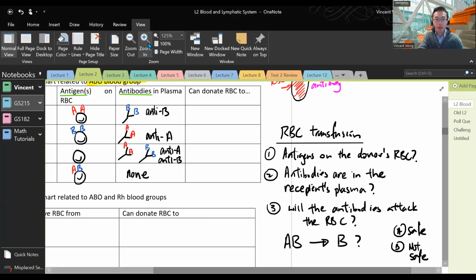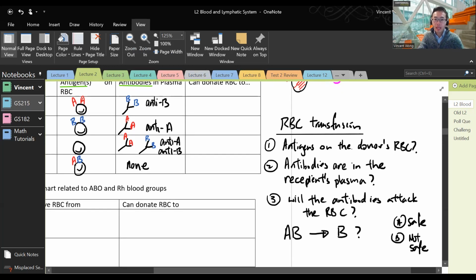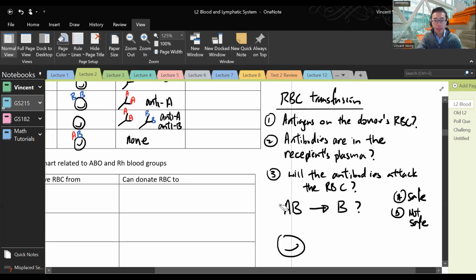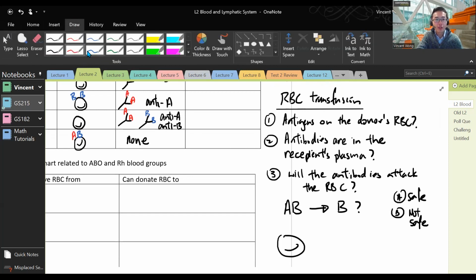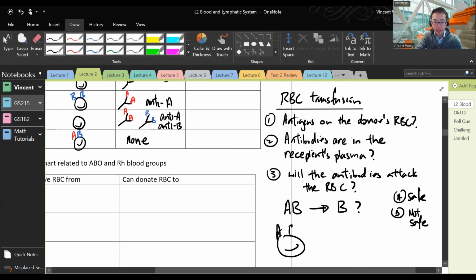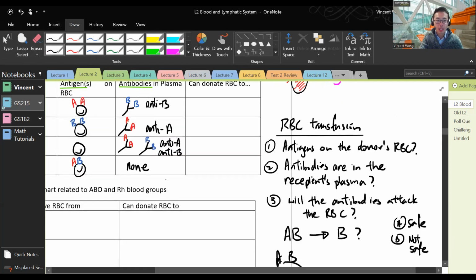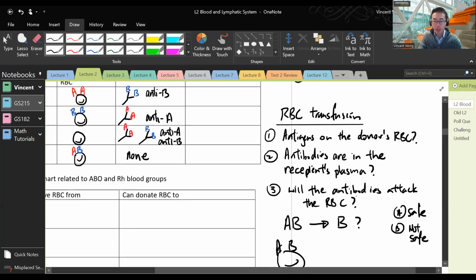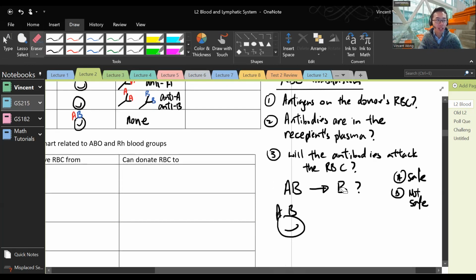Why is it not safe? Well, let's try to answer these questions. The antigens on the donor's RBC. So here is the AB. Right. So what kind of antigens do we have on the surface? Well, we have A and B. That's what AB means. For someone who is type B, what kind of antibodies do they have? Well, you can look at the chart and see that type B people make anti-A. And if you don't want to look at the chart, you can think about it.